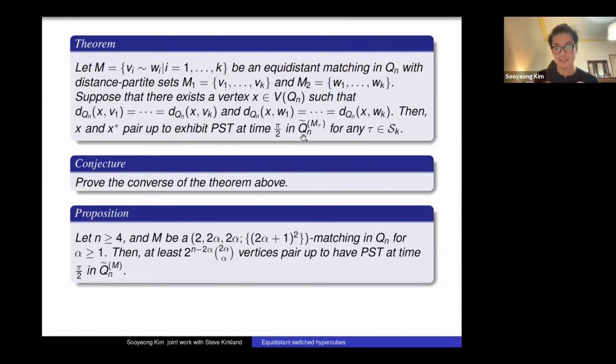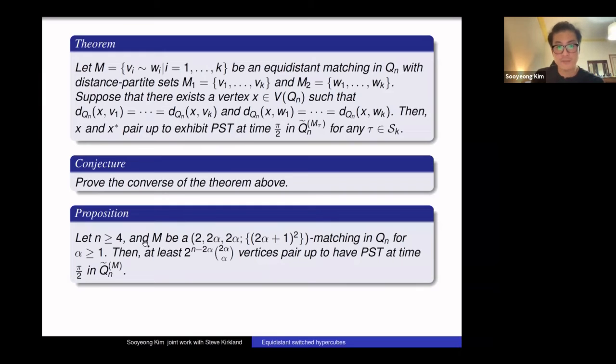Since they have the same distance partitions, we have the same equitable partition, so that we have the same symmetrized quotient matrices. So this implies that X and X star pair up to exhibit PST. And the proof of the converse doesn't look easy.